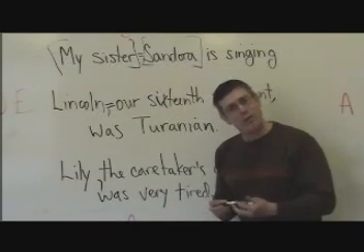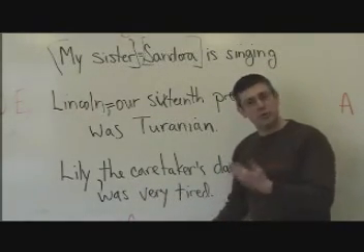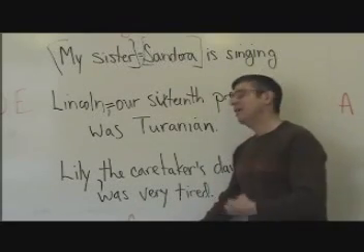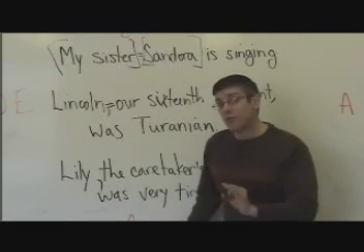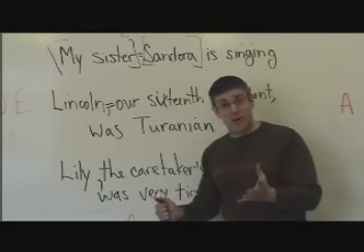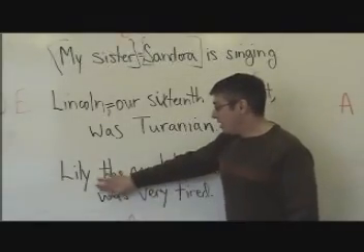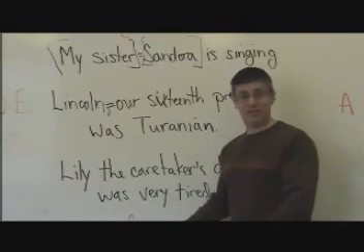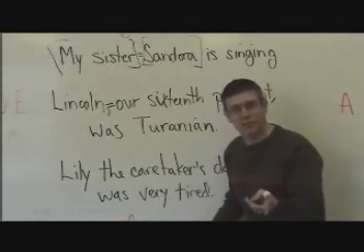Now, the only way this could be different would be if there really were 2 Lilies in play. If you were saying, for example, Lily, the caretaker's daughter, was very tired, but Lily, the farmer's daughter, was very perky. In that particular situation, in that sentence, then indeed, the caretaker's daughter would be restrictive and would therefore not be set off with commas because you're distinguishing between 2 Lilies.